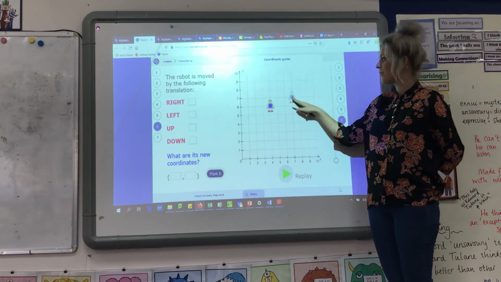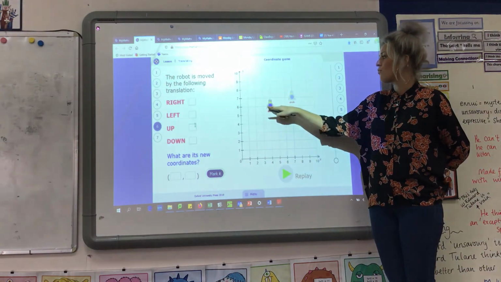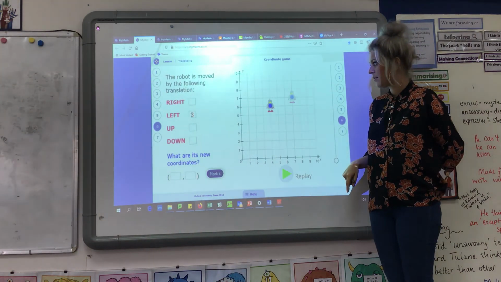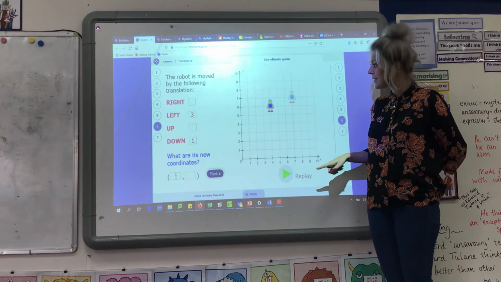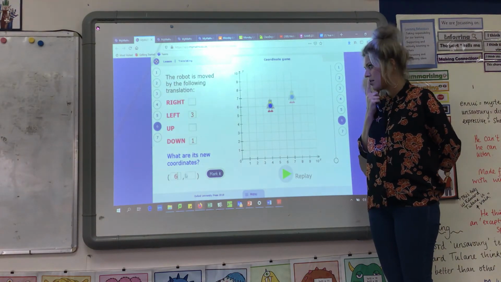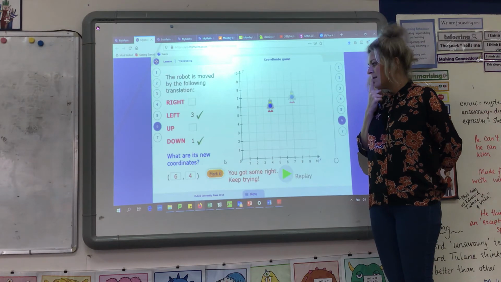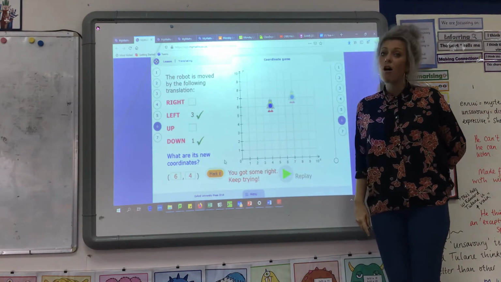Last one. We can see that the robot has moved 1, 2, 3 left and 1 down. And Miss Shaw, I'm going to put its new coordinates in as 6, 4. Am I right? Let's see. No. Ah, well, we've got the translation right, but the coordinates are wrong.